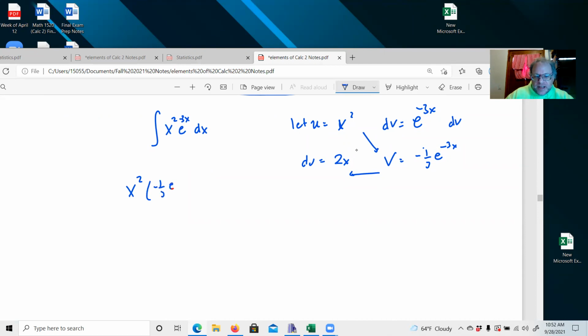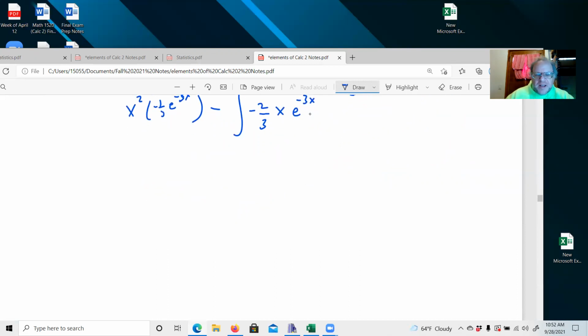-1/3 e to the -3x, minus the integral of -2/3 x e to the -3x. Tell your sister Mary Agony would be so proud of me for messing up my handwriting.